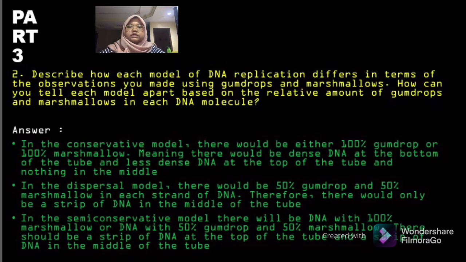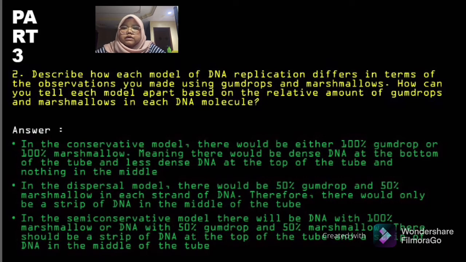So the answer is in the conservative model, there would be either 100% gumdrop or 100% marshmallow, meaning there would be dense DNA at the bottom of the tube and less dense DNA at the top of the tube and nothing in the middle. In the dispersive model, there would be 50% gumdrop and 50% marshmallow in each strand of DNA.